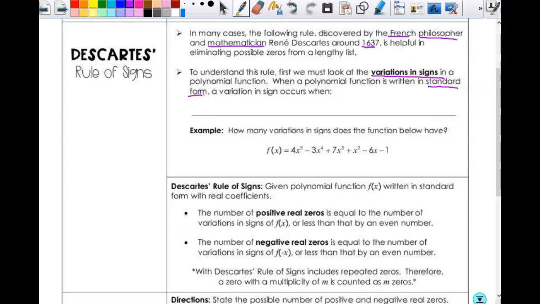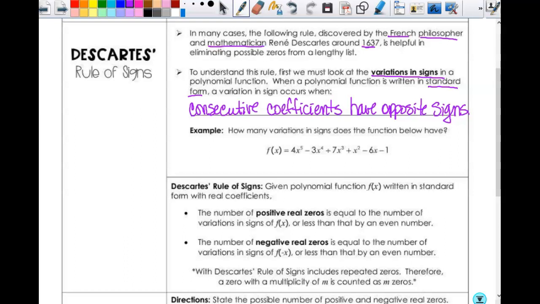A variation in sign occurs when consecutive coefficients have opposite signs, and consecutive just means one right after another. So it's a variation when consecutive coefficients have opposite signs, the ones next to each other.